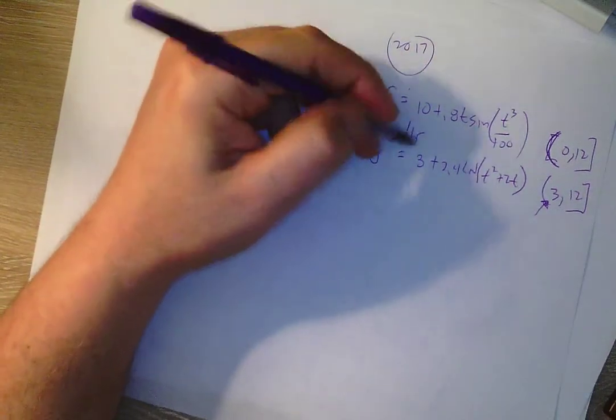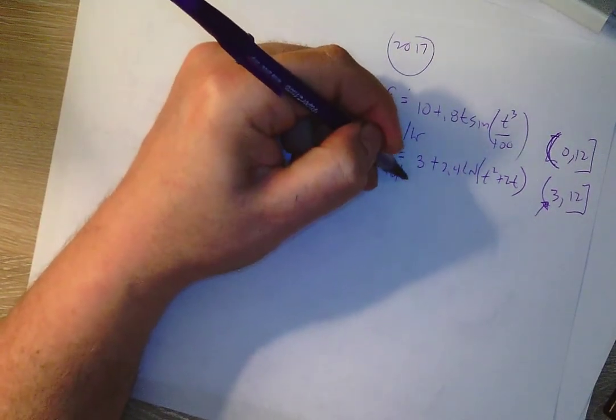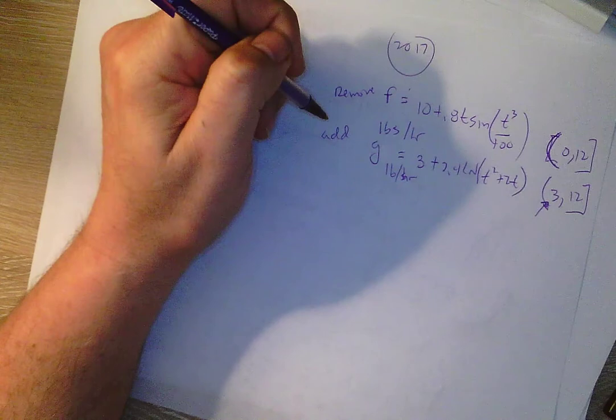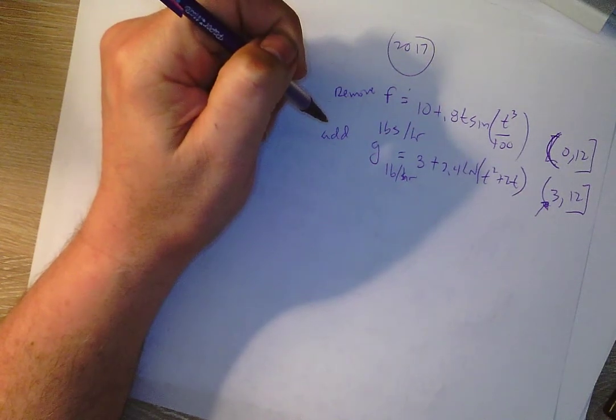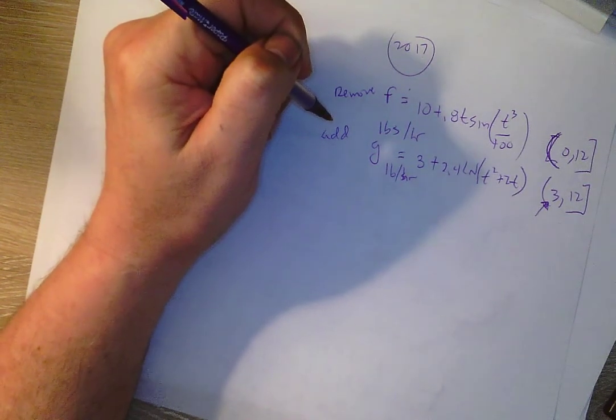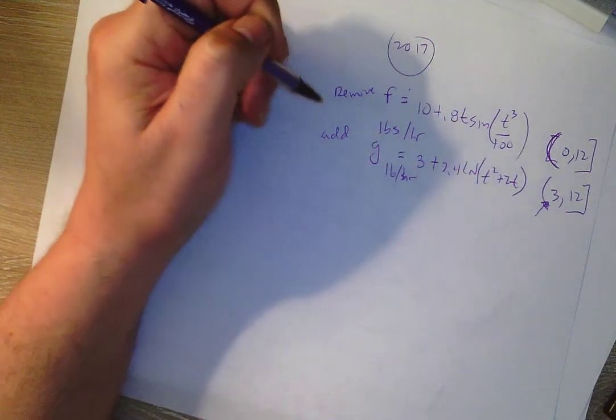Again, this is a rate. So these are in pounds per hour. How many pounds of bananas are removed from the display during the first 2 hours?